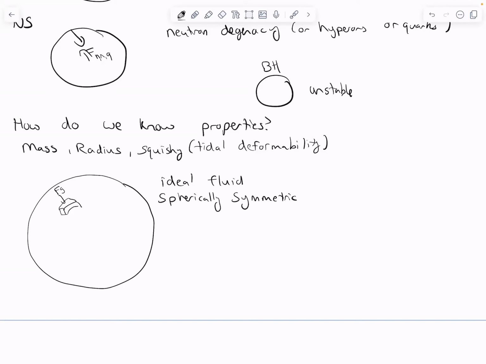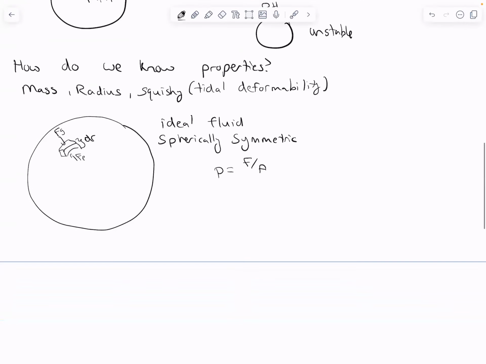And on the other side, you have your electron degeneracy pressure pushing you outwards. And you have some very tiny dr, which is just the change in radius for that little fluid cell. Then we go back to our physics 101. Remember that pressure is equal to force over area.